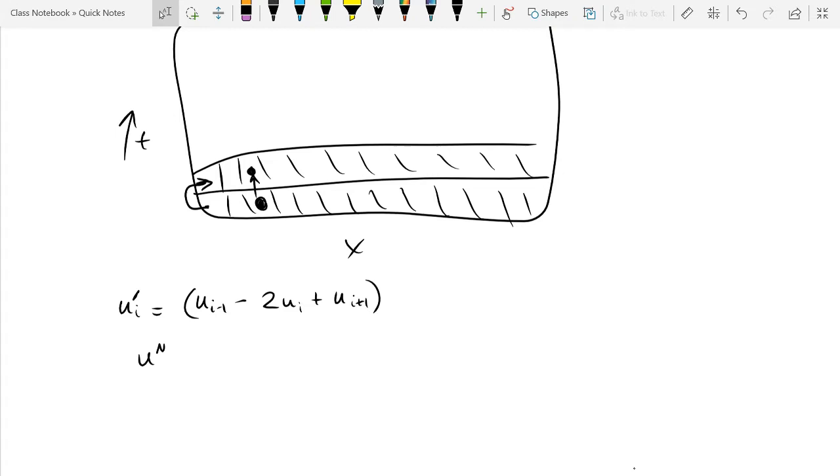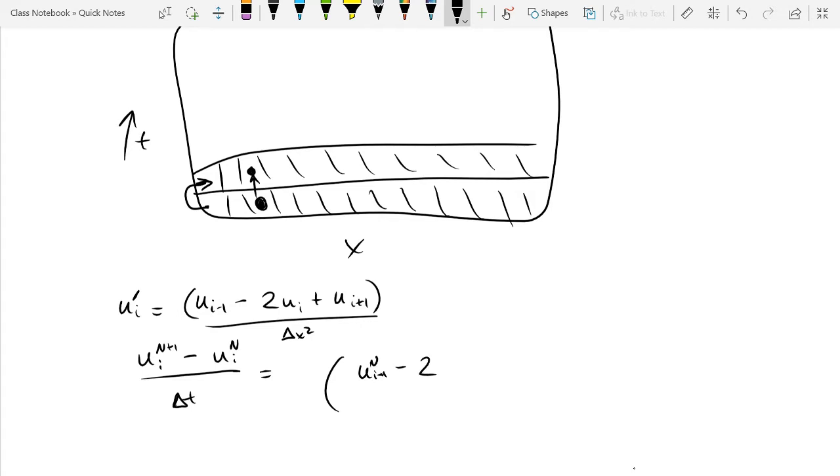So you might have seen this written as u sub i^(n+1) minus u sub i^n over delta t equals, oh, I forgot a delta x squared here, u sub i minus 1 to the n minus 2 u sub i^n plus u sub i plus 1^n over delta x squared.